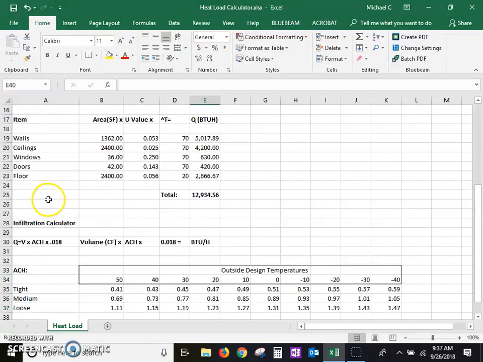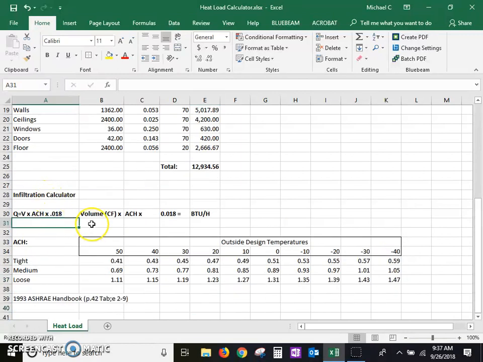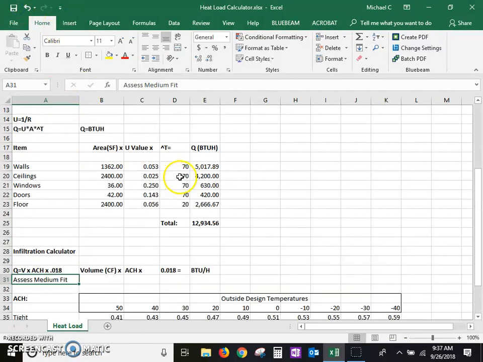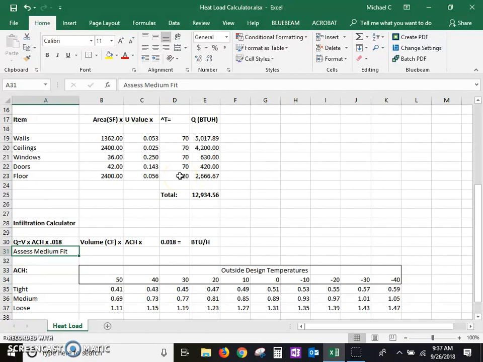Okay, so if we can take our sheet here and we can say that we are a medium fit house, make sense?